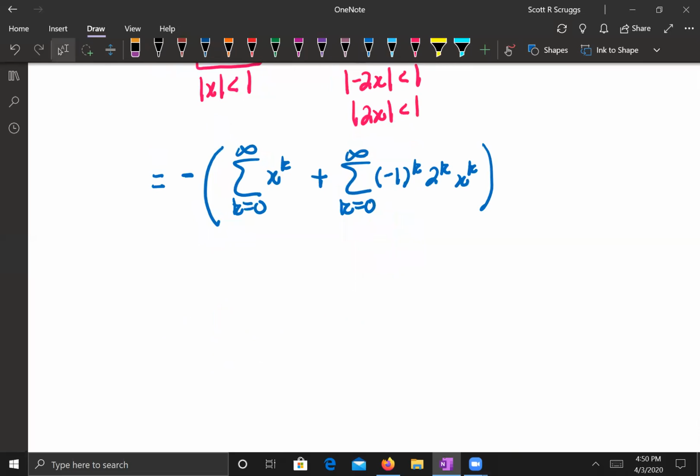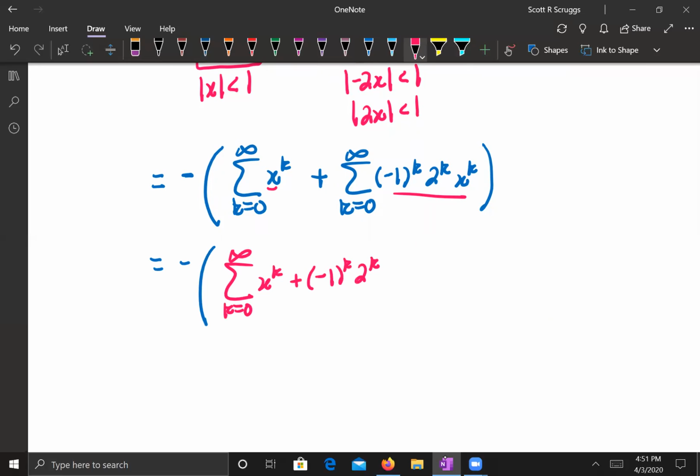All right, so now I have two series that are just being added together. I can combine two series by adding the terms together, which gives me the sum k goes from 0 to infinity of x to the k plus negative 1 to the kth power times 2 to the kth power times x to the kth power. Inside that series, I see that I have a common factor of x to the kth.